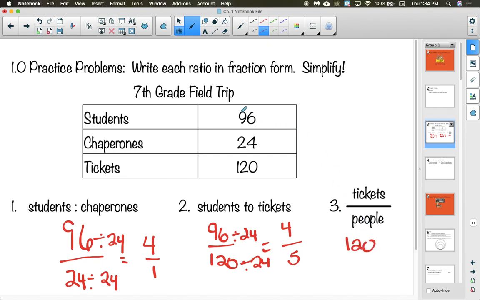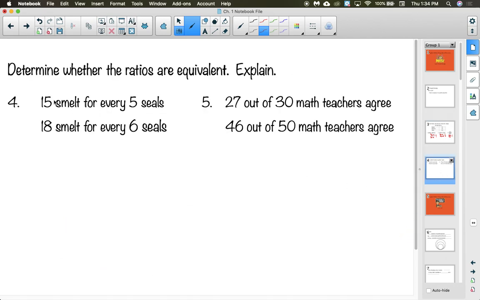And people, well, students and chaperones are both people, so we would have to add those two numbers together. 96 plus 24 is 120. Okay, and we know we can divide both of those by 120, and we get the simplified ratio of 1 to 1. I know you're tempted to write that as the whole number 1. Please don't. Please leave that as the ratio form of 1 to 1, which means there is one ticket for every person.